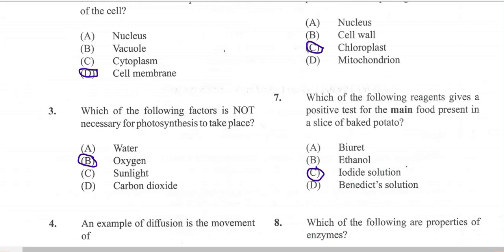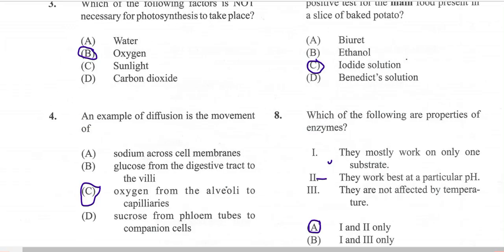Here it's going to be iodine, as iodine is going to return that test for starch. It is not reducing sugar that we have there, neither is it fat nor protein. So of course your answer here could only be C for question number 7.